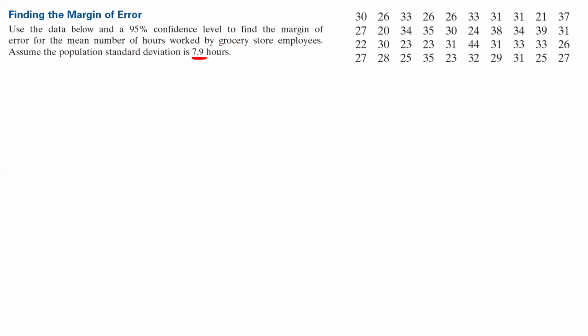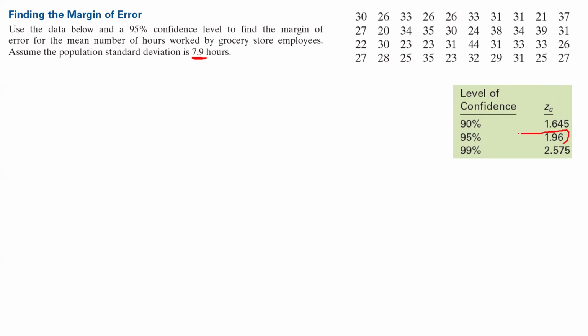The data are given to us by collecting hours from 40 different employees. Again, remember that when you have a 95% level of confidence, the critical value is 1.96. We either memorize these numbers or we know how to use inverse norm on our calculator.